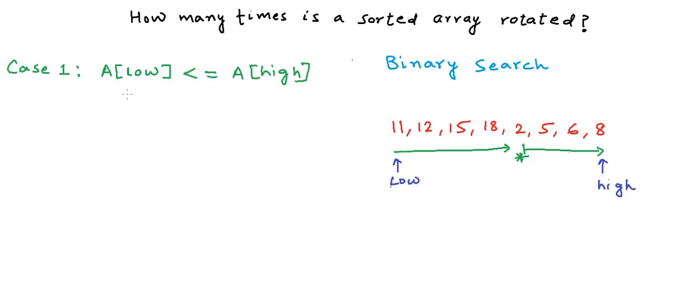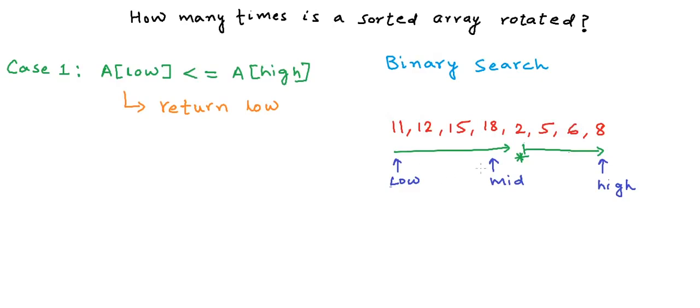If the segment is already sorted, the minimum element in the segment, and that's what we are finding out, the minimum element in the array, will be the minimum element in the array as well. So we will simply return the index low because the array is already sorted, so the element at lower index is the minimum.